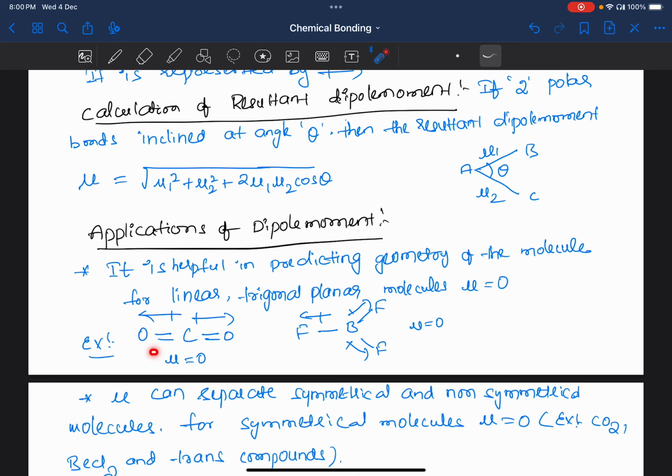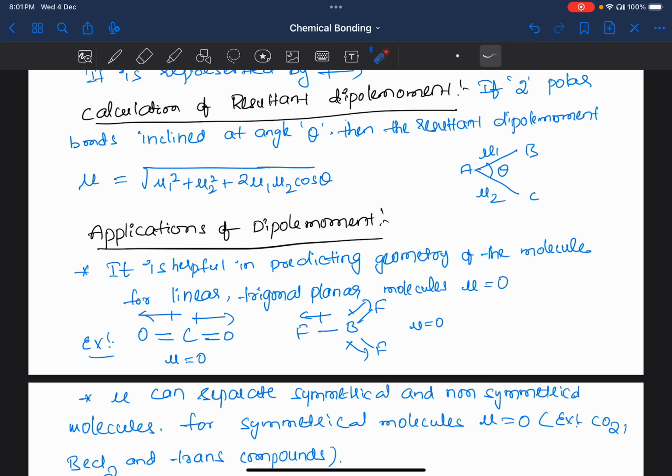Two polar bonds are present, but they are in two opposite directions. Therefore, the dipole moment of one bond is cancelled by the dipole moment of the other, so its final dipole moment is zero.